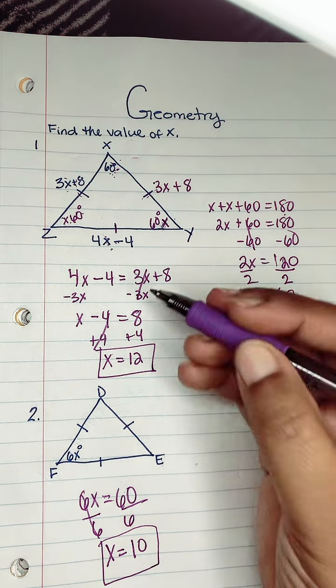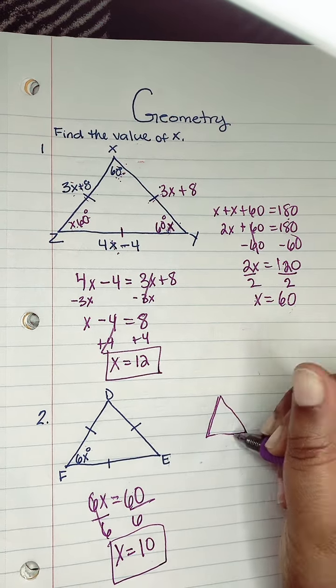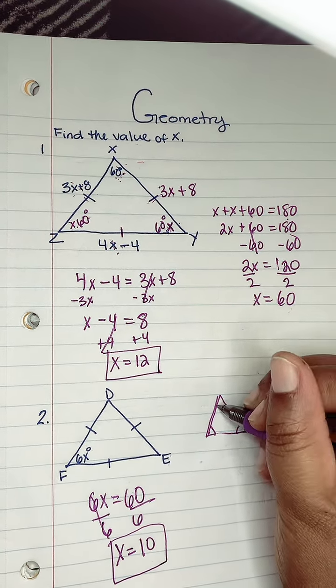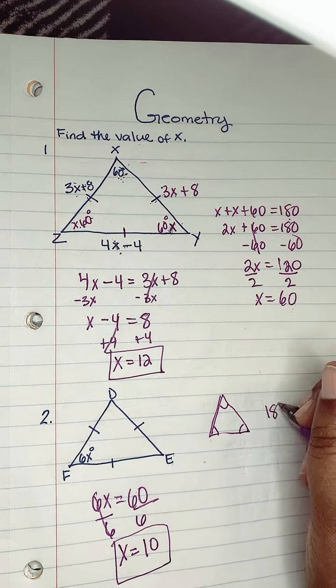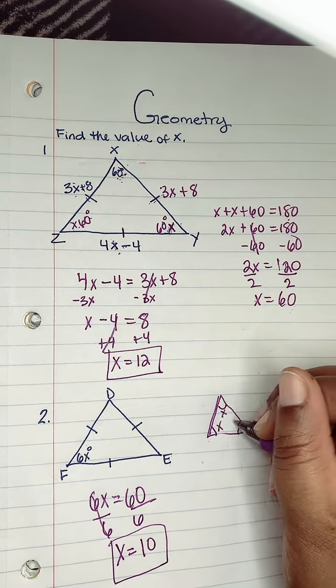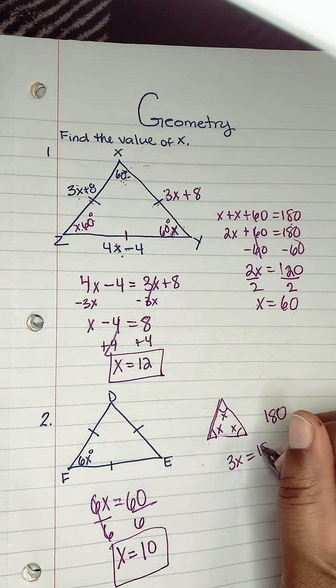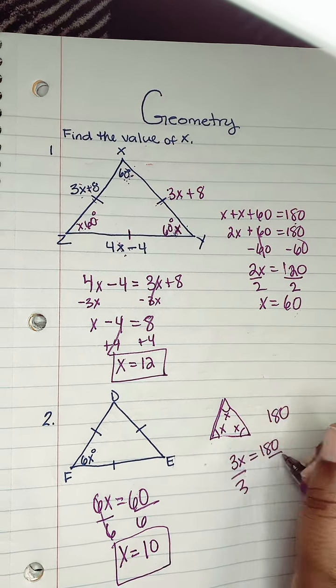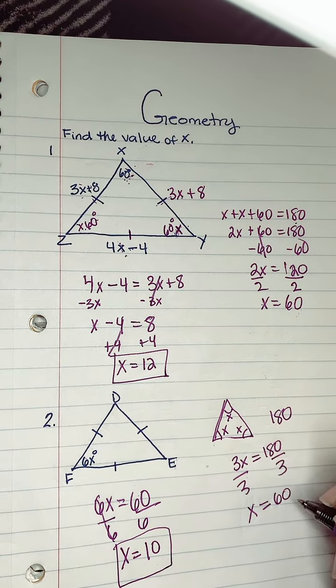There's a theorem that says all equilaterals have to have the same angle, right? So if we know all triangles add up to 180, let's say we made this x, this x, this x, right? We would end up saying 3x equals 180. We would divide by 3, x would equal 60.